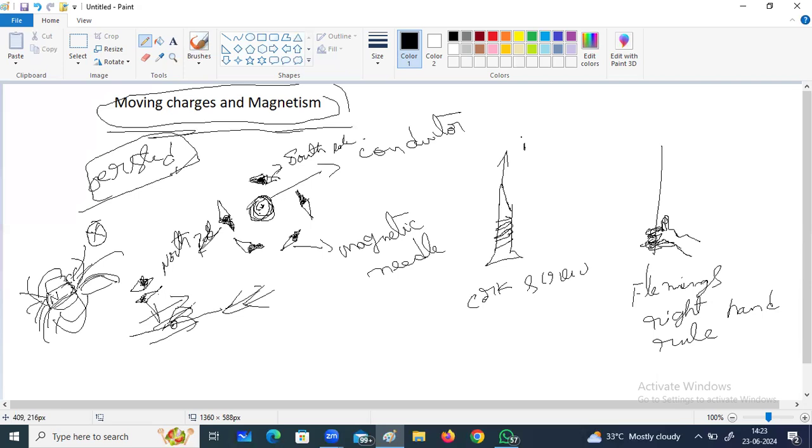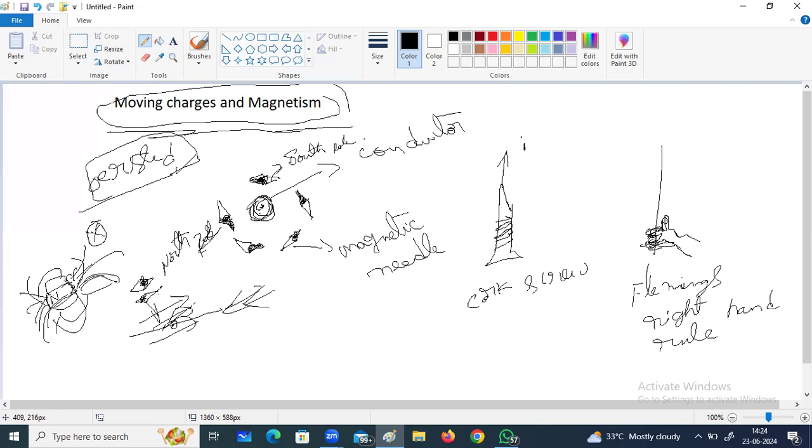Theoretical and experimental investigations indicate that moving charges produce not only an electric field but also a magnetic field in space, not only on the earth but also in space.